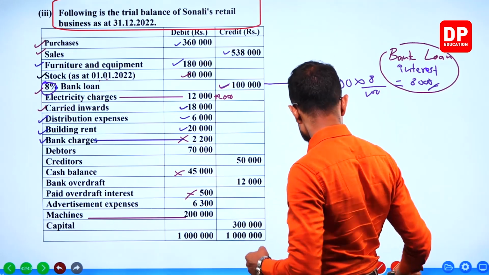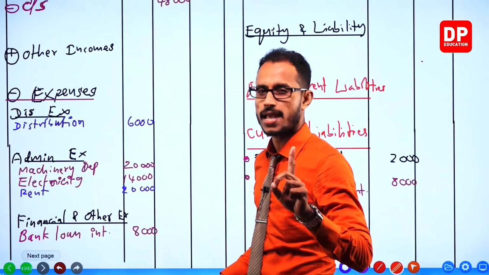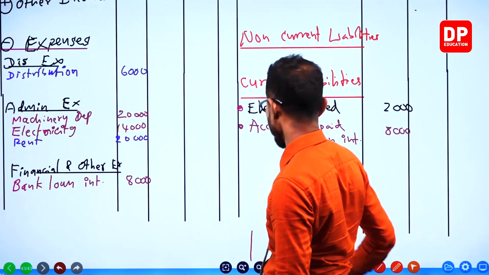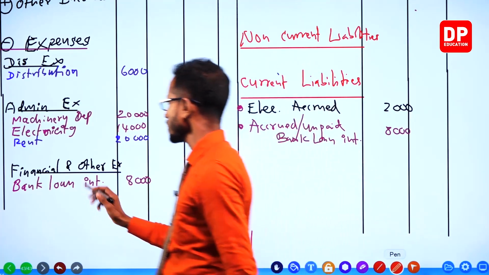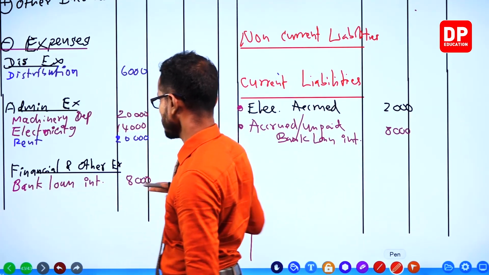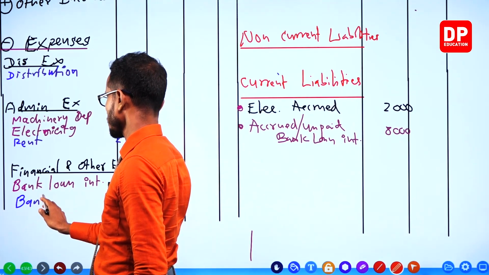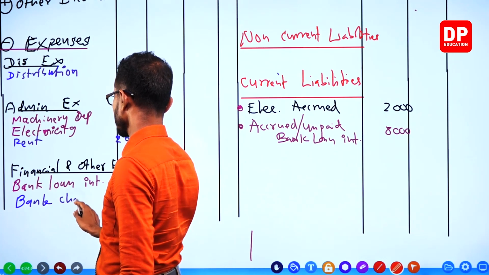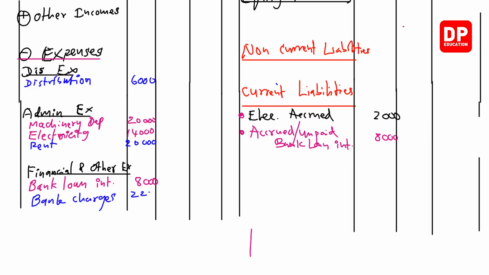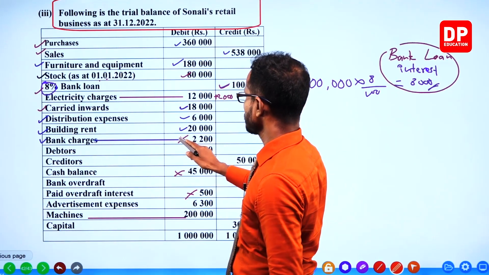Just take it 2,200 and put it under the financial category. It's a bank related expense, just like bank loan interest, but not the same. It comes to financial expenses category. Bank charges 2,200. Done.